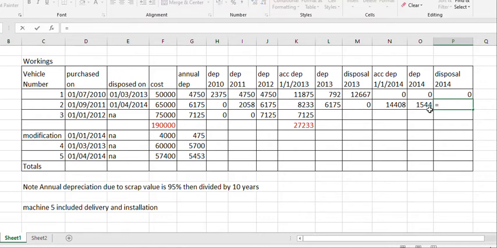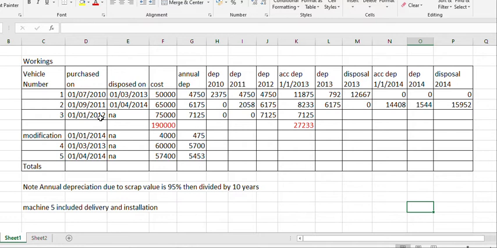So that would be the accumulated depreciation of 14,408 plus the 3 months depreciation in 2014, which gives us 15951.75. I'm going to round that up to 15952, and that will be my disposal depreciation on machine 2.